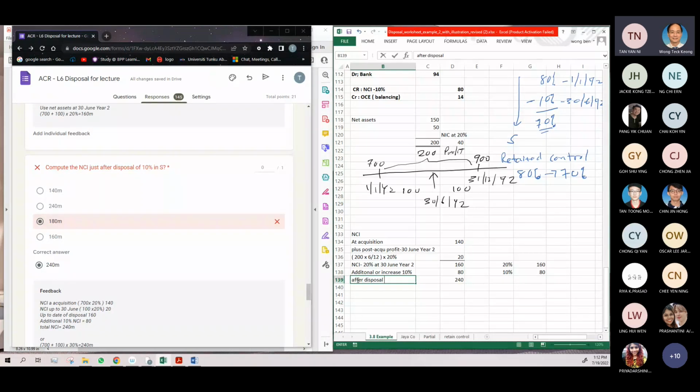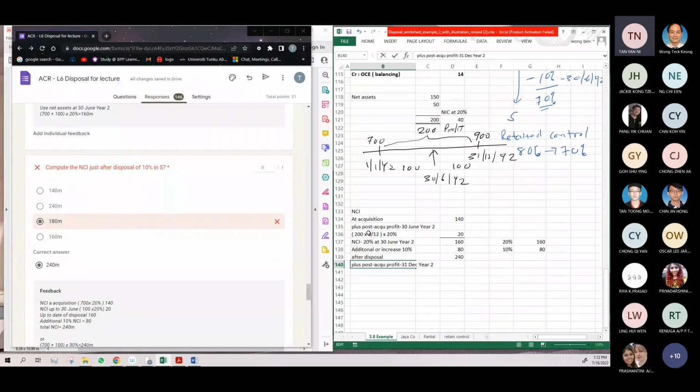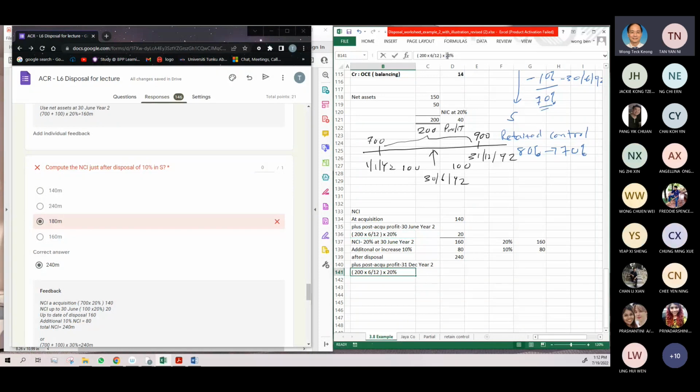Okay. So then you come to year end, so you get the balance 6 months. For the balance 6 months, you have another post-acquisition profit until 31st December. You can do that. Now this time not 20%, it's 30% for the next 6 months. So then this is the 30,000.